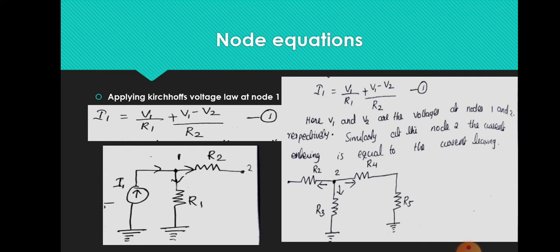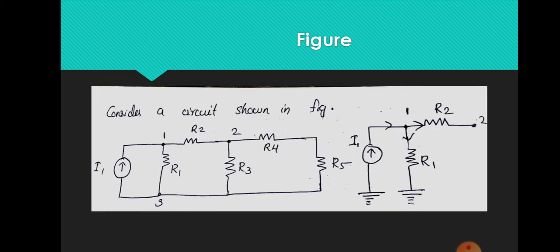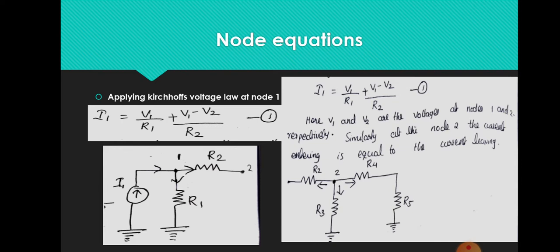For applying Kirchhoff's current law, we first have to mark the current directions. In this case I1 is coming into node 1, and we will mark all other currents as leaving node 1, and it is our assumption.